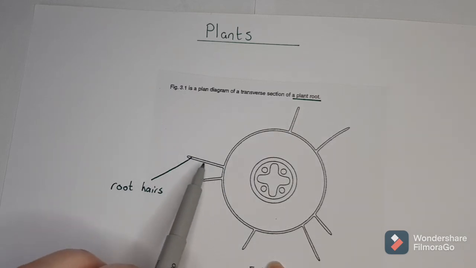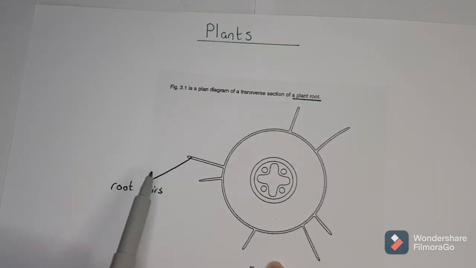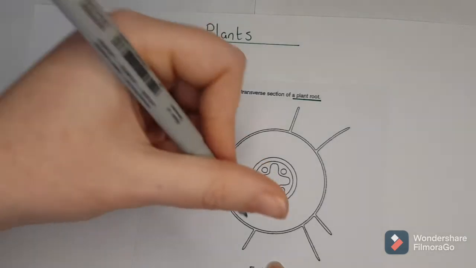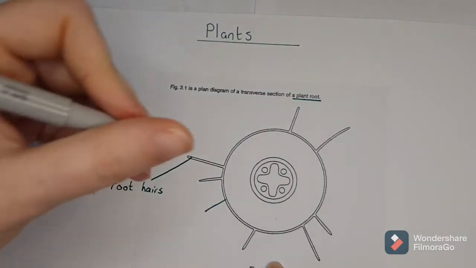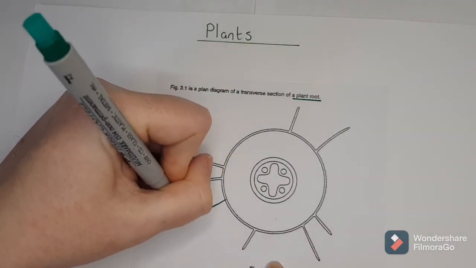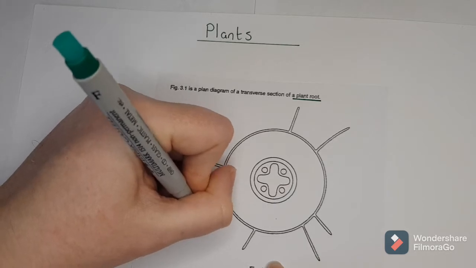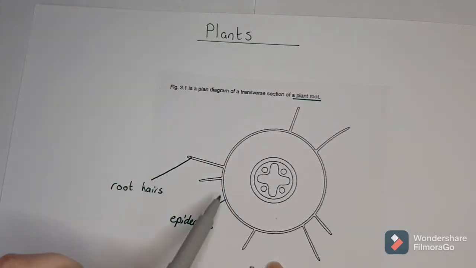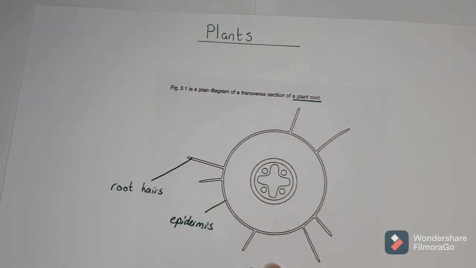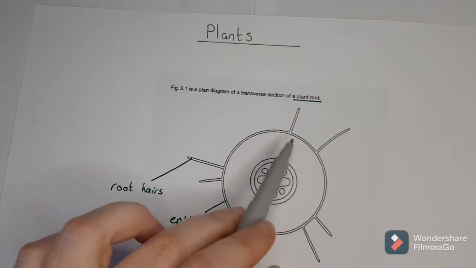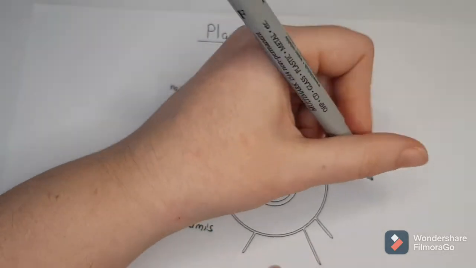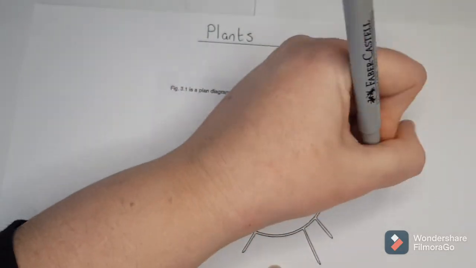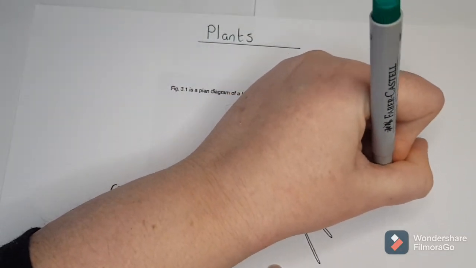So those would grow out in between the soil to increase that surface area for water movement. And they would be extensions from the outermost layer, which would be the epidermis. So you're always going to have the outer layer of the epidermis. Then directly below that, that layer in the middle would be all your packing tissue, and that would be the cortex.